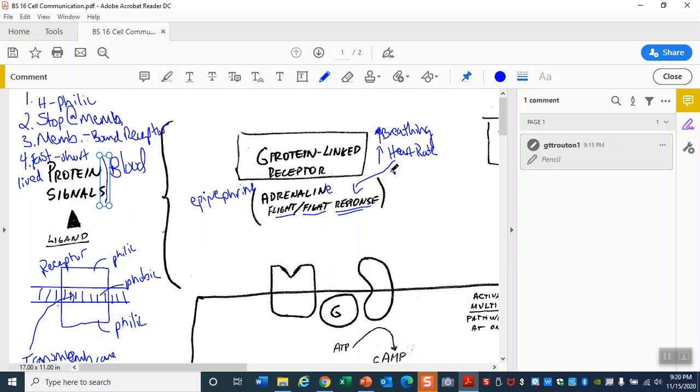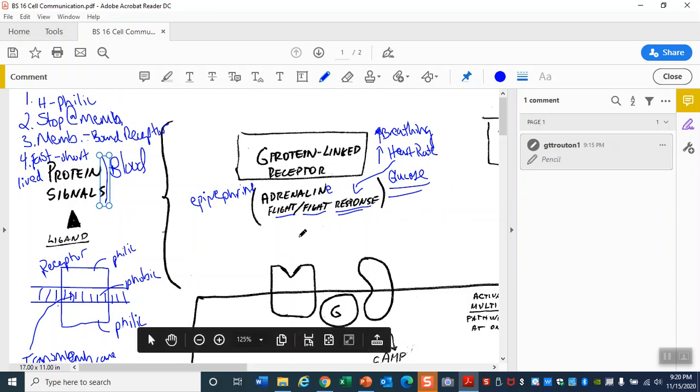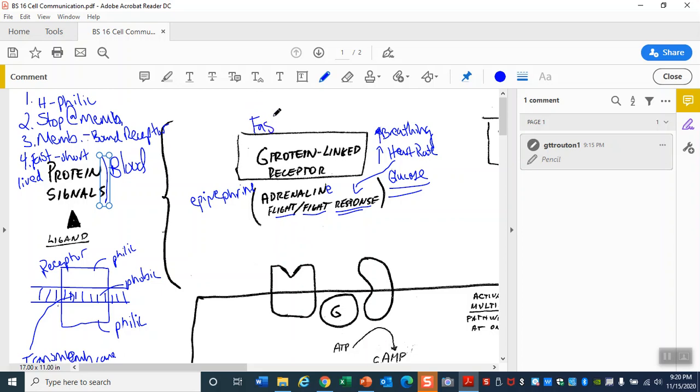Which means you need glucose. You need to release massive amounts of glucose very, very quickly. So these G protein linked receptors and the signals they receive are going to produce fast responses, a lot of a very quick response.